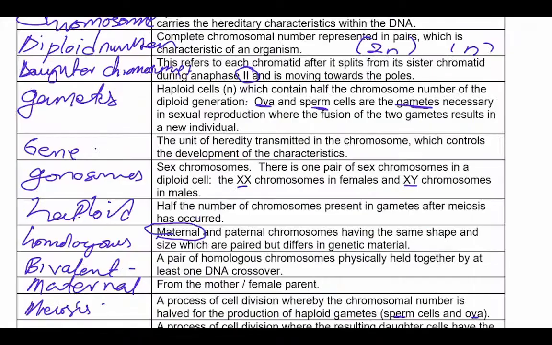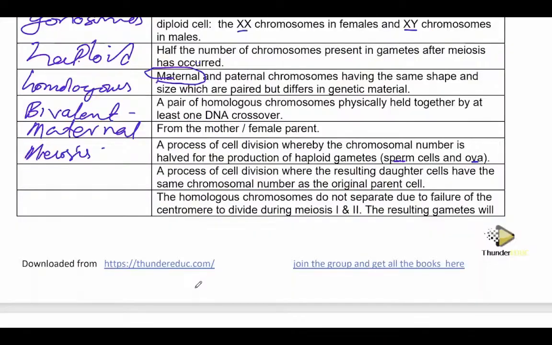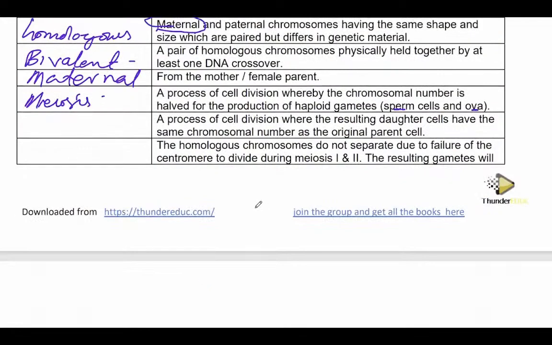All right. Another question as we wind up with these terminologies. Process of cell division whereby the resulting daughter cells have the same chromosome number as the original parent cell. How do we call this? This is mitosis.